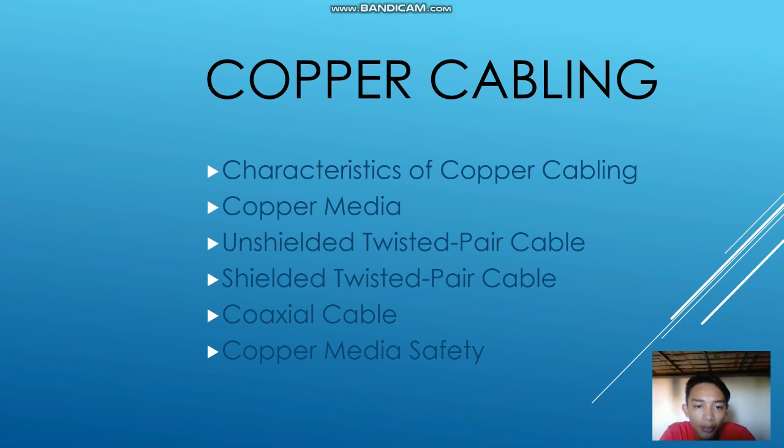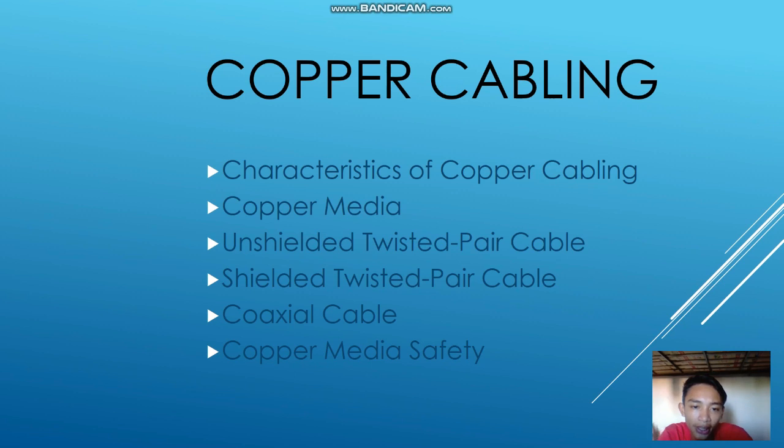The coaxial cable. Coaxial cable, or coax for short, gets its name from the fact that there are two conductors that share the same axis. As shown, the coaxial cable consists of a copper conductor used to transmit the electronic signals, and a layer of flexible plastic insulation around the copper conductor.